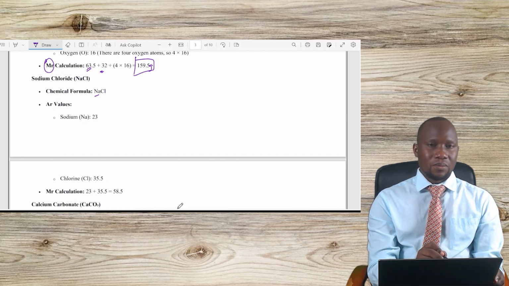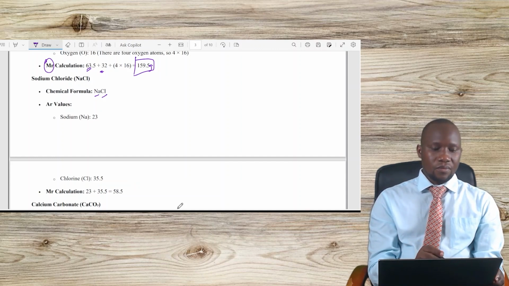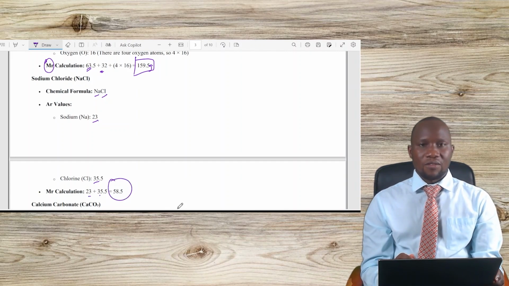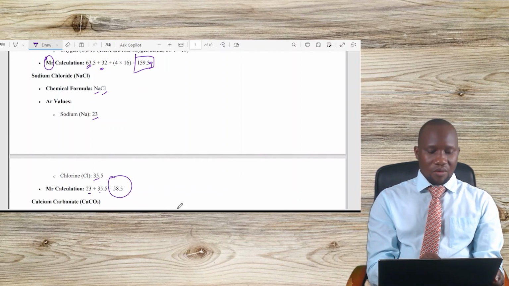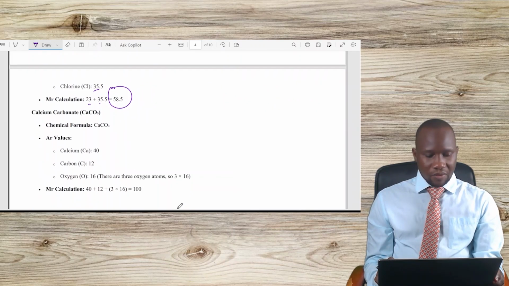How many atoms are we having for the chloride? 1. So it is just the 1 for sodium plus the 1 for the chloride. So it is 23 plus 35.5, and you get this.